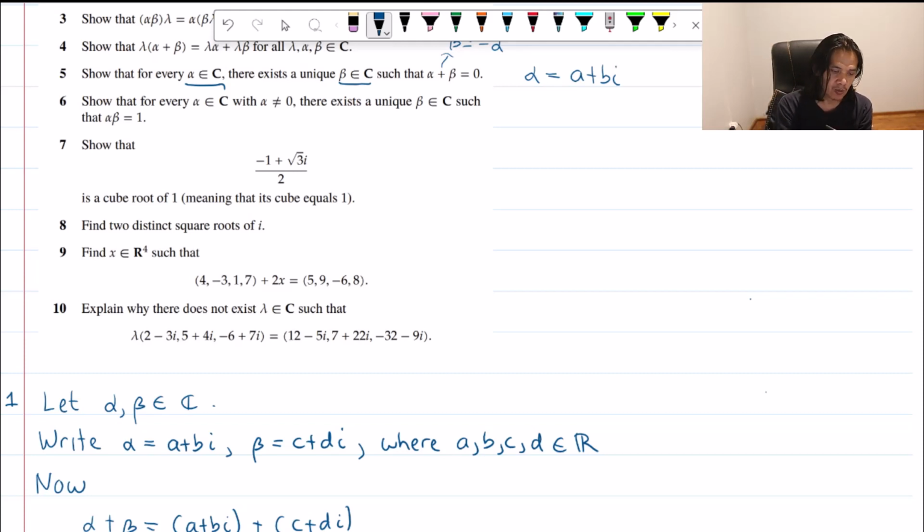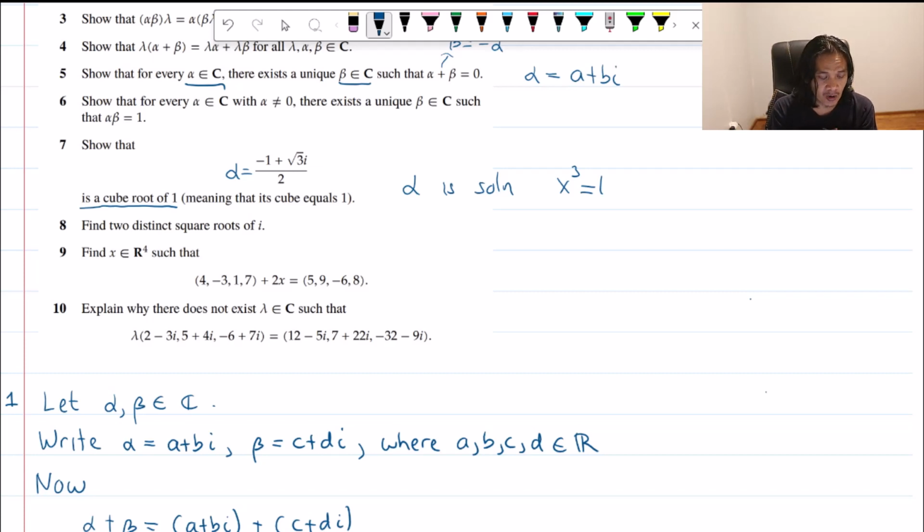Okay, so what does it mean to be a cube root of 1? It means that this guy is a solution to x³ - 1 = 0, or x³ = 1, right?